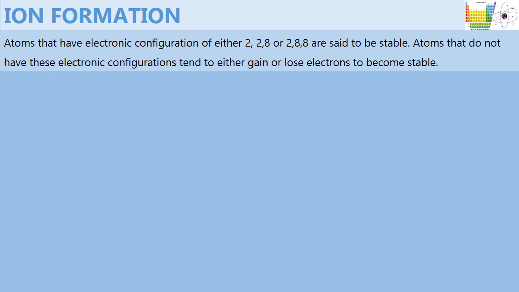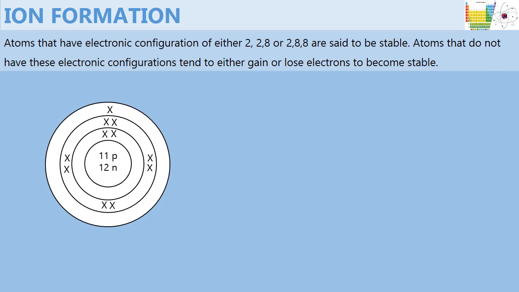Now let us use some structures of atoms to explain this. Consider this atom. It is an atom of sodium. It has a configuration of 2, 8, 1, and we said it is easier for it to lose one electron, usually the one in the outermost energy level.